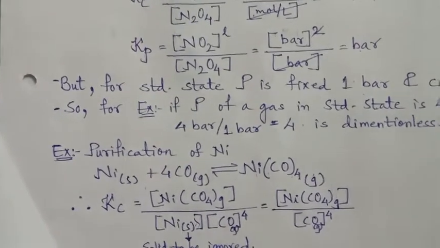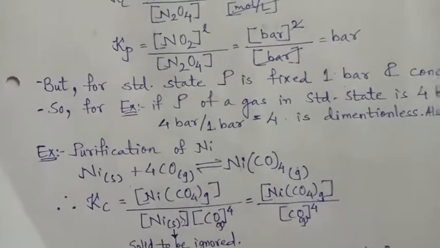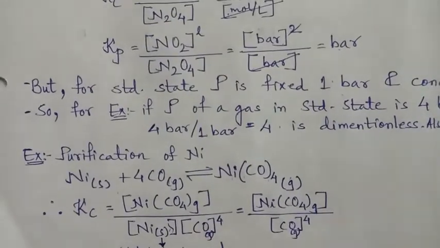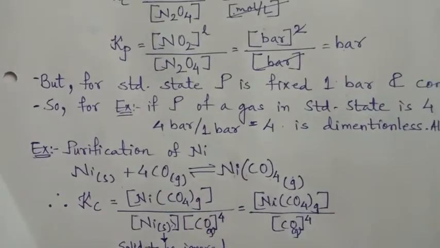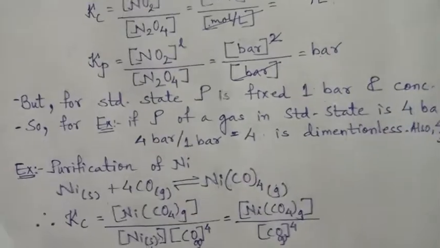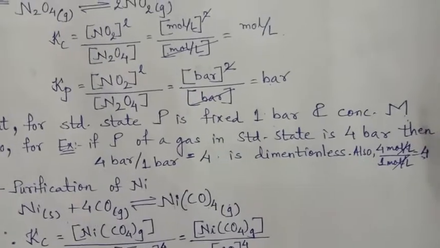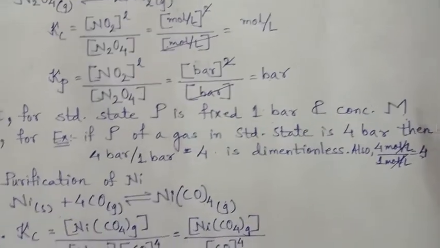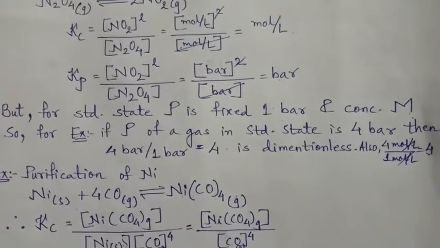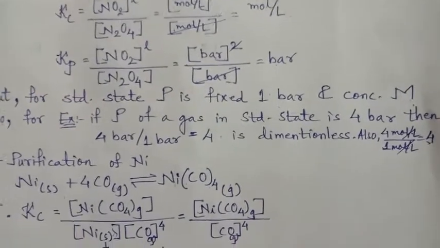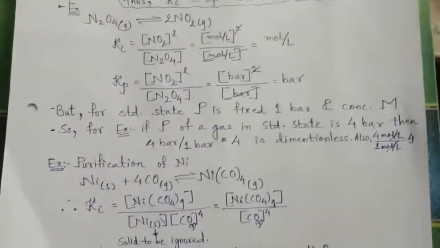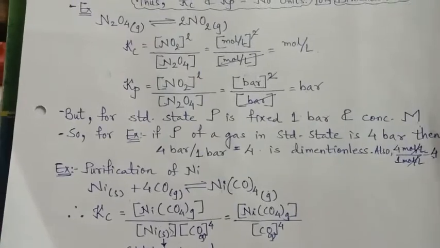Because they are always in the standard state before and after the reaction. And standard state of the particular substance, pressure is always 1 bar and concentration is always 1 molar. Clear? So this is about homogeneous and heterogeneous equilibrium. Right? Thank you.